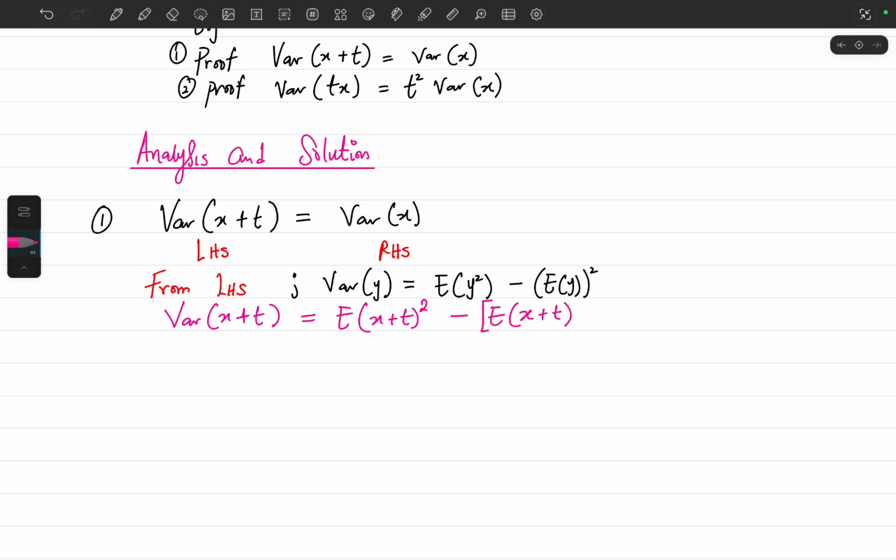So we close that and fix it in its bracket, all square.